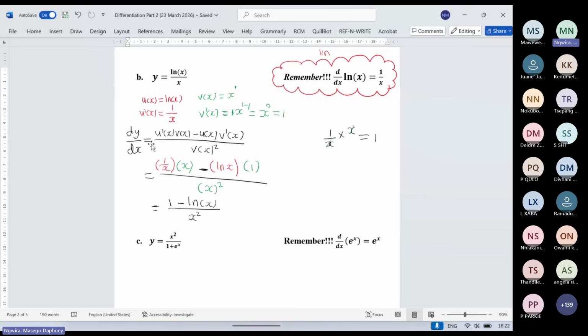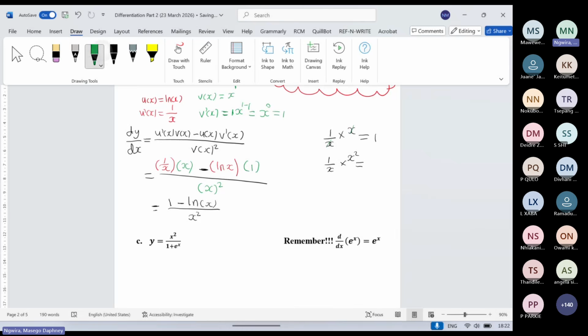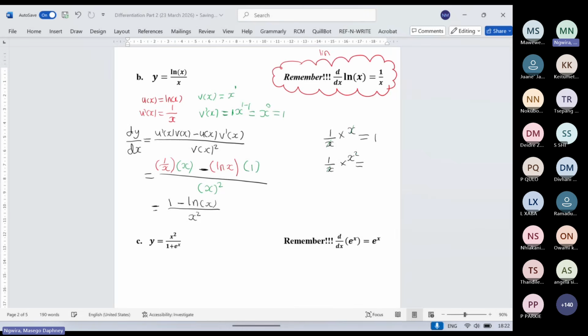Let's say we're deriving, and then we have 1 over x times x squared. How do you get the answer? X squared means how many x's do you have? 2. So the 1 will cancel one x. How many x's will be left? 1. Thank you. So you'll have x.